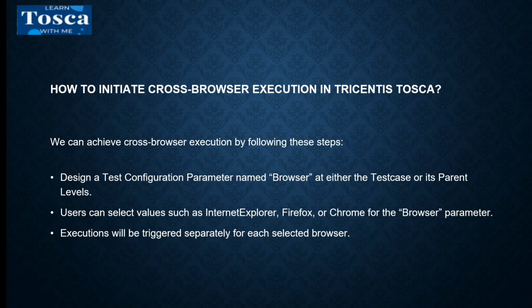So that buffer will be set as Chrome, and it will open the Chrome browser. For the second test case, if you have given Mozilla, it will sit in the TCP buffer as Mozilla, open the Mozilla browser, and then perform the rest of the operations.